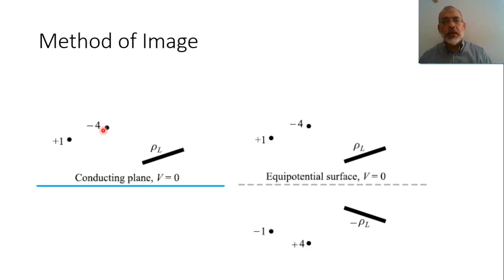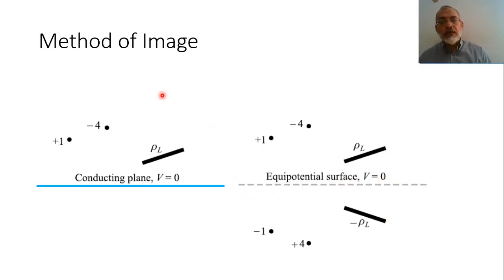If I have negative 4 here, it will correspond to negative 4 here and positive 4. If I have a linear charge distribution rho L that is tilted with respect to the conducting plane, it can be replaced by rho L and minus rho L. Here we have a small distance, and here we have a large distance from the equipotential surface.